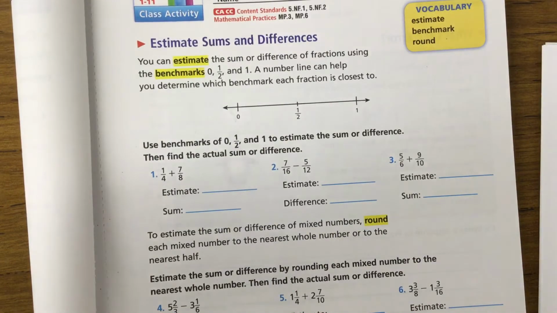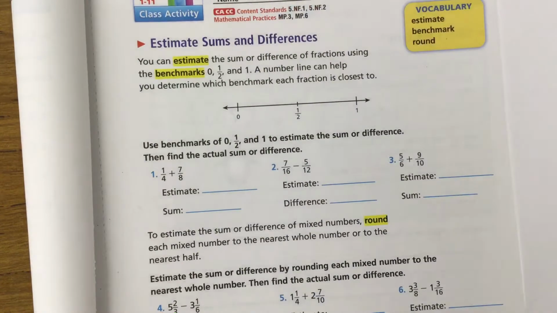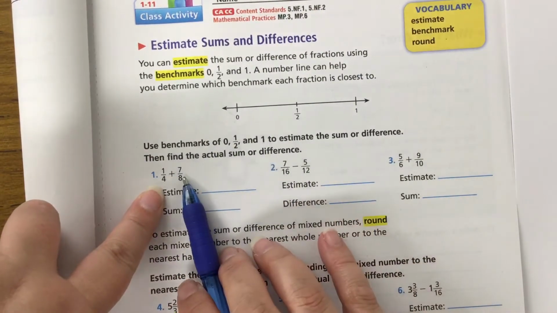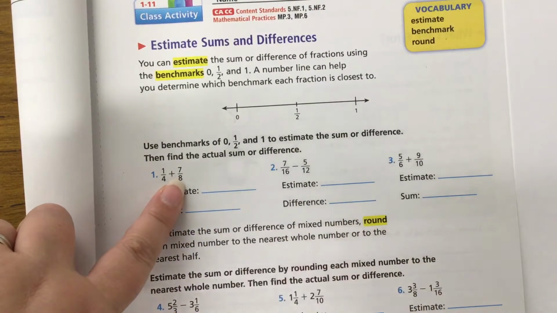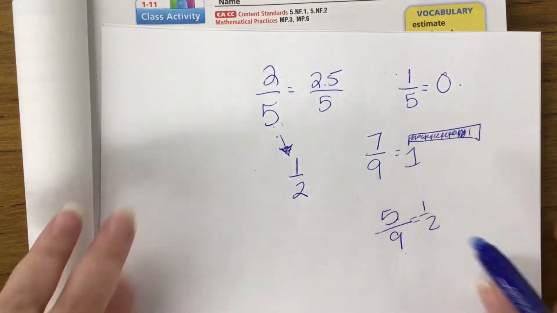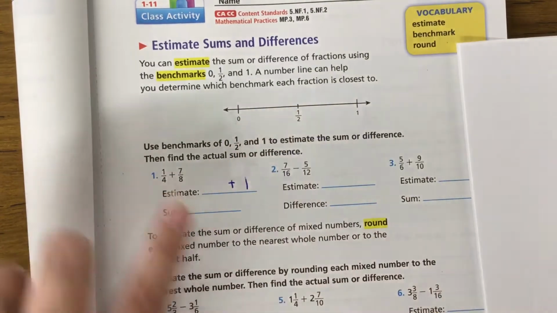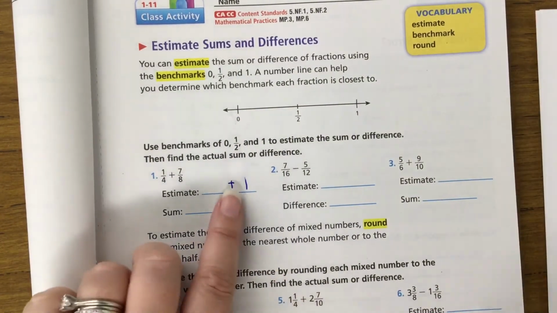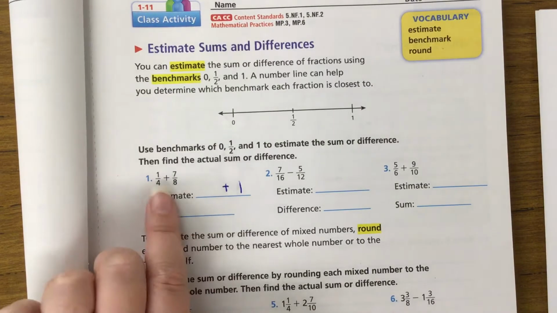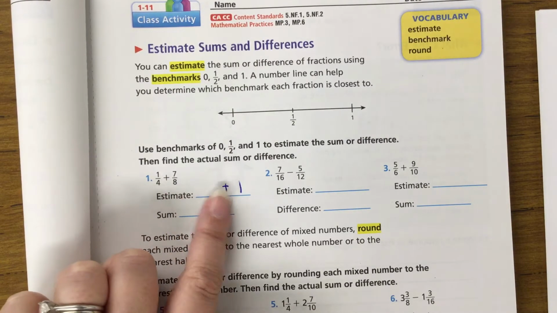Okay? So let's take number 1, for example. So I've got 1/4 plus 7/8. Well, 7/8 is kind of like my 7/9. It's going to be really close to 1. So I can estimate that this is plus 1. And I don't know if I would actually say that 1/4 is going to be that much bigger.